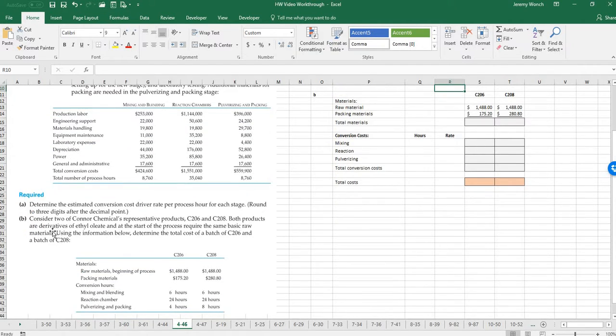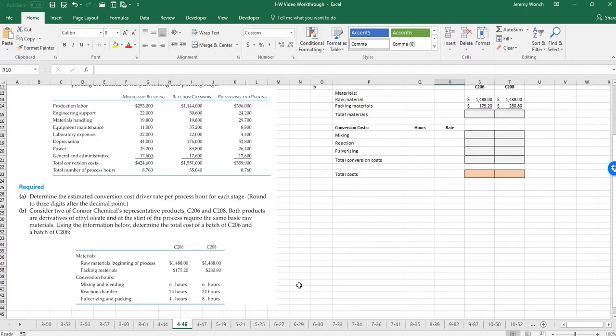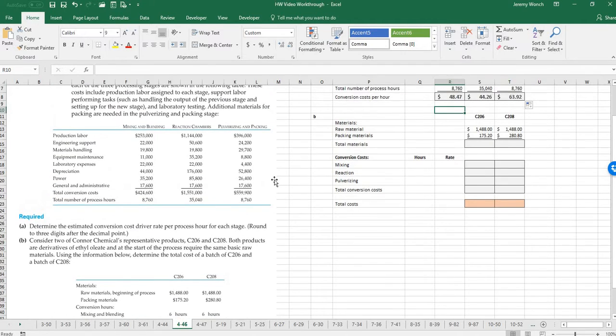Now in part 2, it says consider 2 of Connor Chemical's representative products. They have a product 206 and a product 208, and both these products are a derivative of this stuff, whatever that is. They require some basic raw materials. So using the information below, determine the cost of both of these products. The cost of the product is going to consist of our raw materials plus our conversion cost.